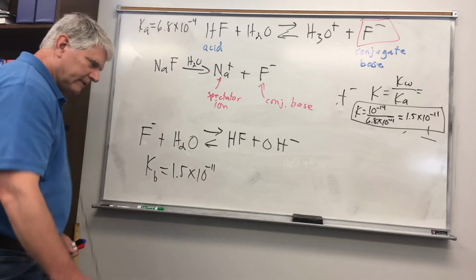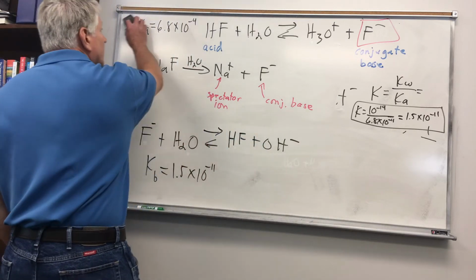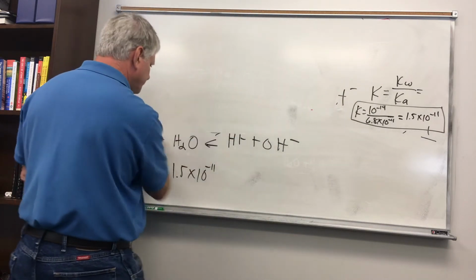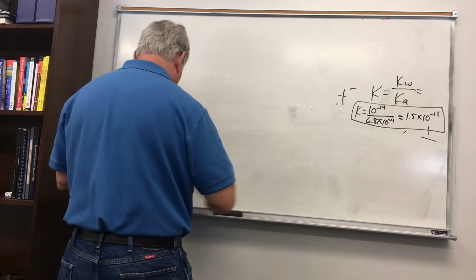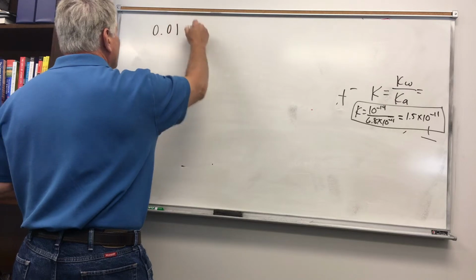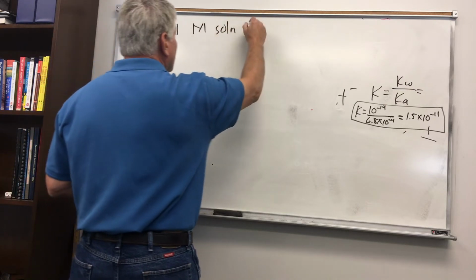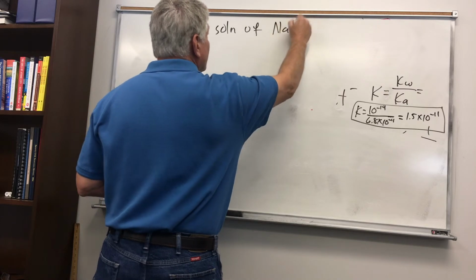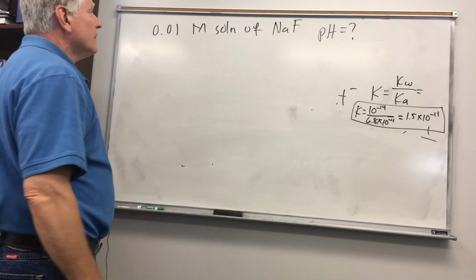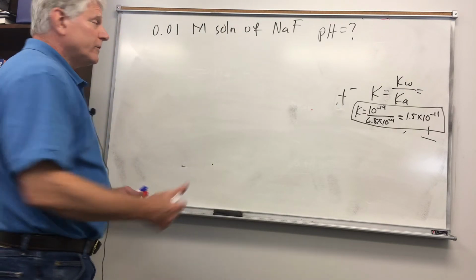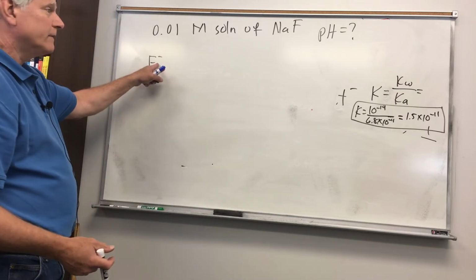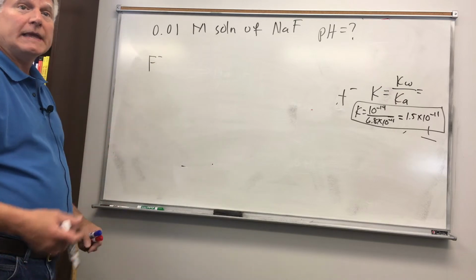Okay, so if we want to calculate the pH, let's do an example. So we have a 0.01 molar solution of sodium fluoride. What's the pH? Well, sodium fluoride is a salt. It will dissociate in water and produce sodium plus, a spectator ion, and F minus, which is the conjugate base to the weak acid HF.